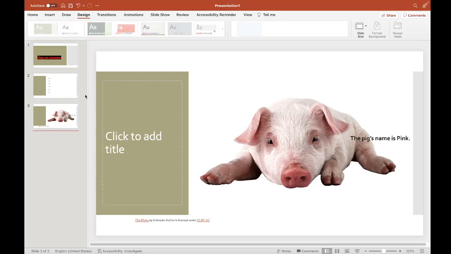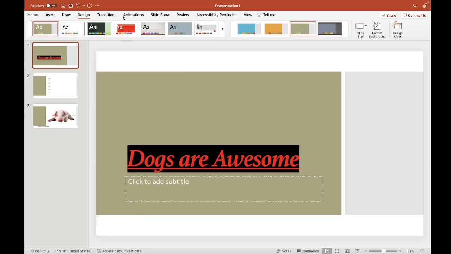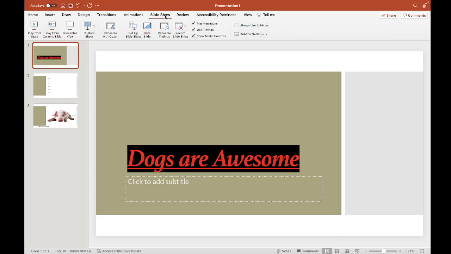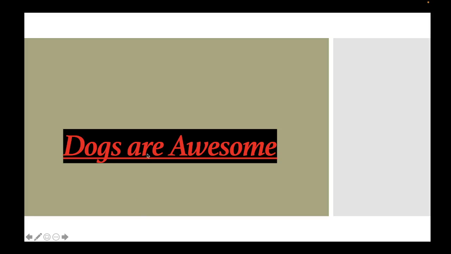So now that your PowerPoint's looking spiffy, you may want to have some transitions, because right now, when you click present down here, this symbol means present, but you can also go to slideshow up here and then click play from start.